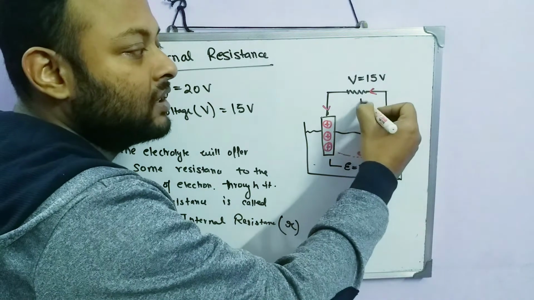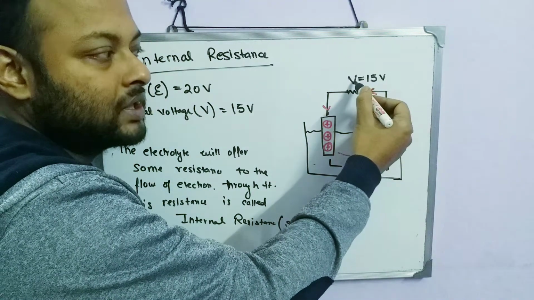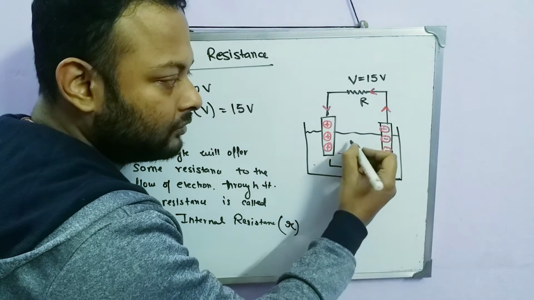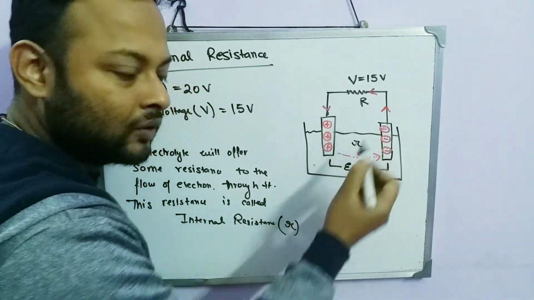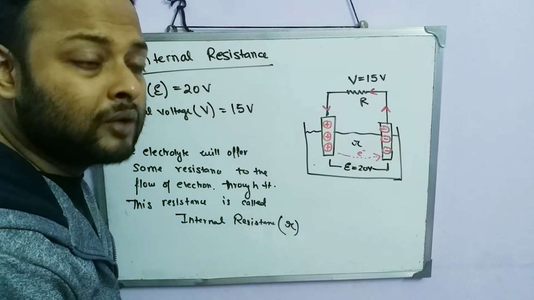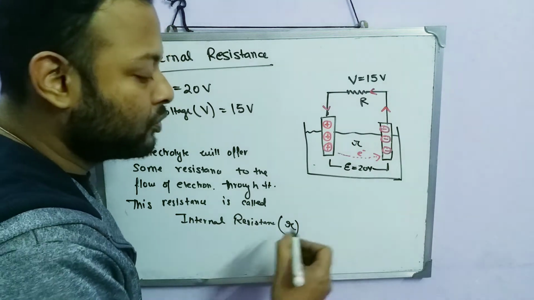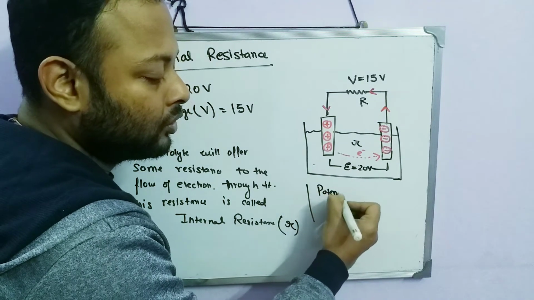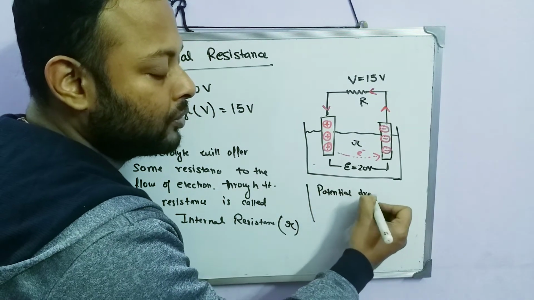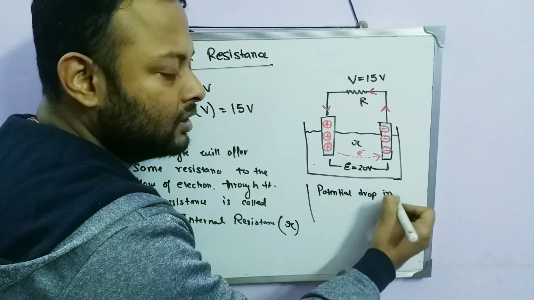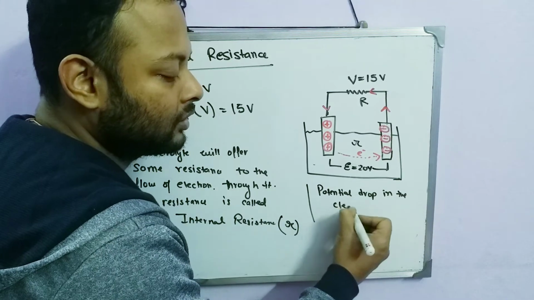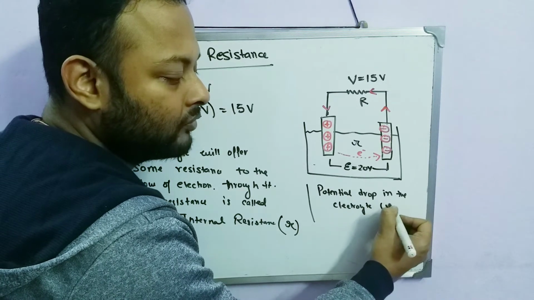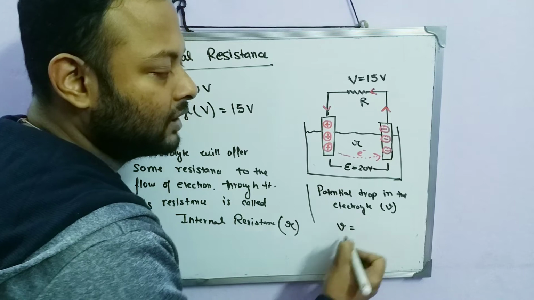If this external resistance is offering some potential drop of V, then the internal resistance r in the electrolyte will also offer some potential drop. So this potential drop in the electrolyte, if I represent that by small v, so this small v is equal to what?